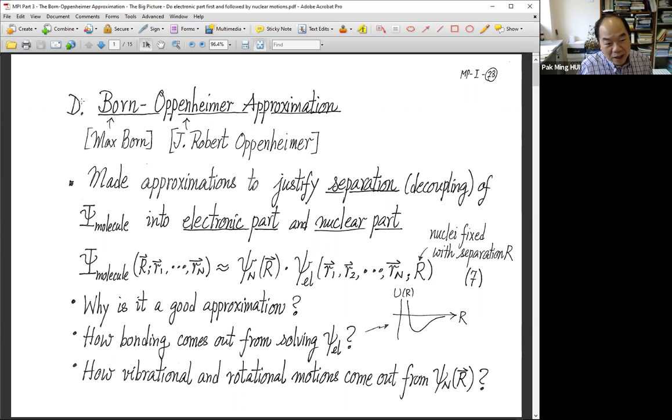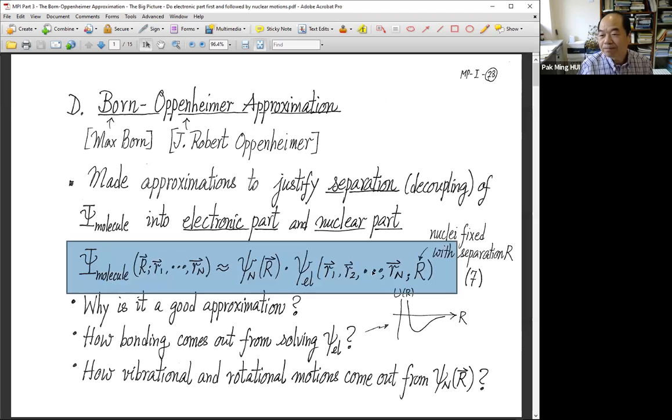Max Born, again, a very influential quantum physicist. Heisenberg did the quantum mechanics under his supervision, basically. So, the Born-Oppenheimer approximation. Let's look at what it is. The whole point is we do want to make this approximation.